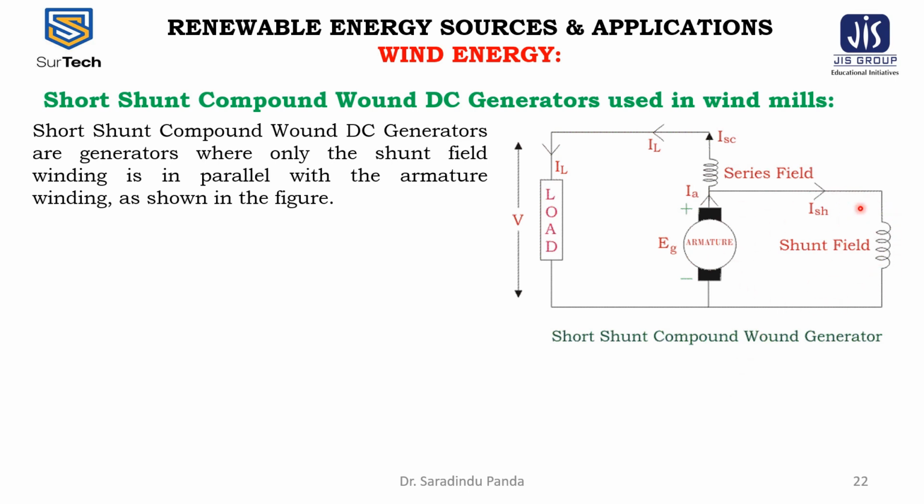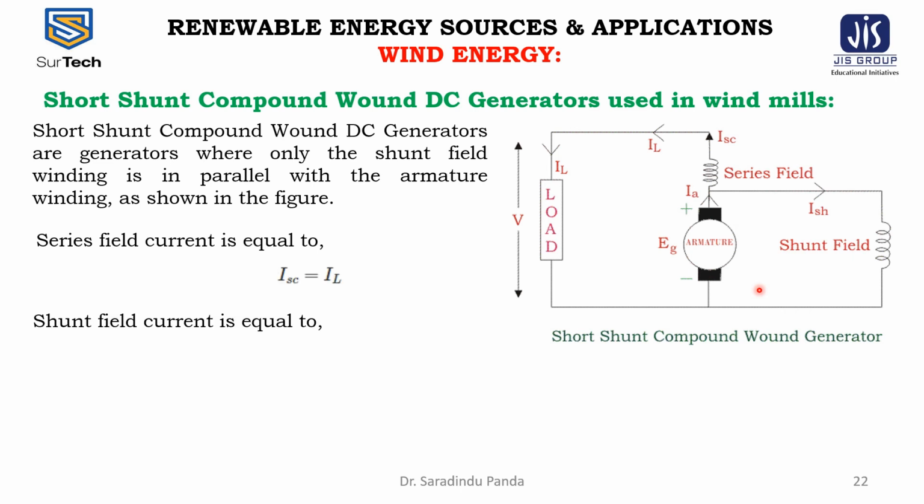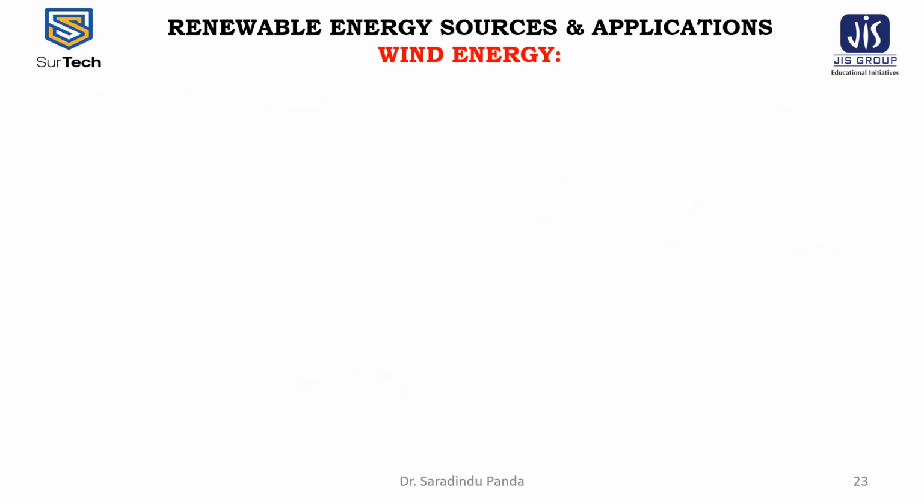The shunt field is connected in parallel to the armature, and the series field current is ISC equal to IL, and the shunt field current is ISH equal to (V plus ISC RSC) by RSH. RSH is the shunt field resistance.